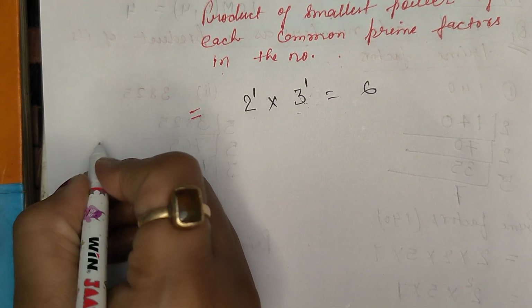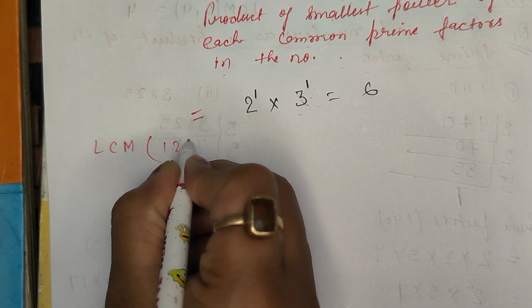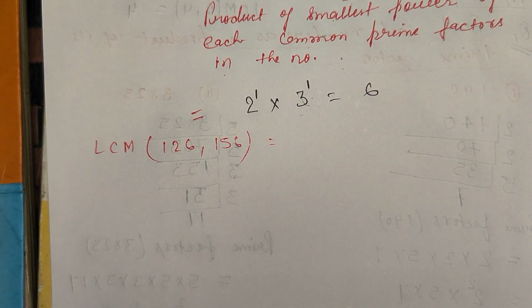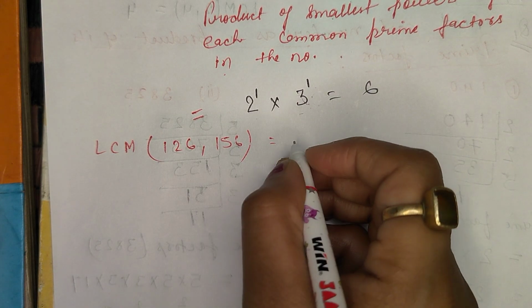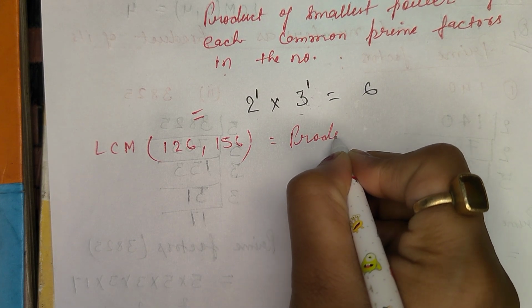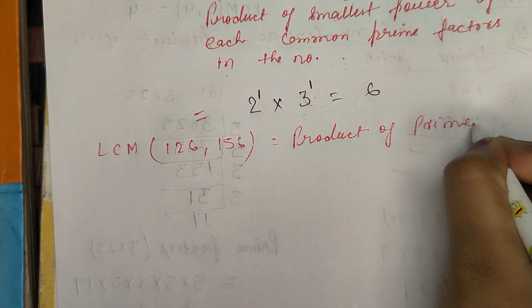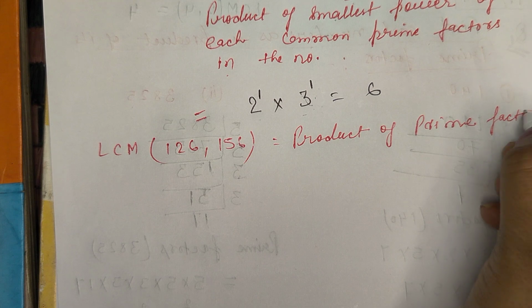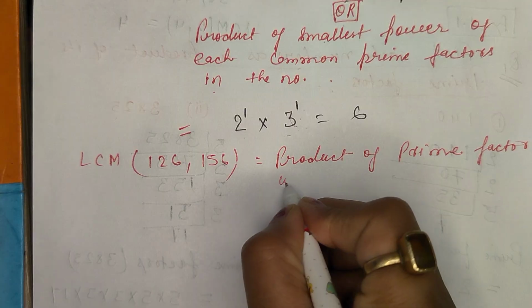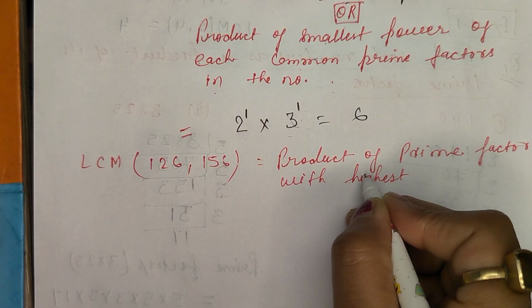And the next is LCM. LCM of 126 and 156. What is the rule? Product of prime factors with highest power.